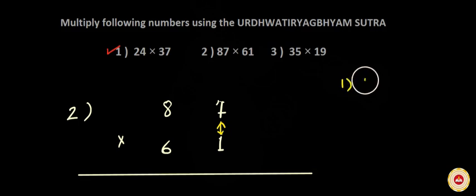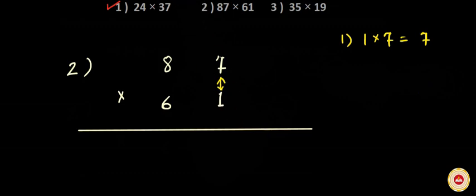That means 1 multiplied by 7 is 7. Write the answer of the first step as the rightmost part. Let us separate this part from other parts.